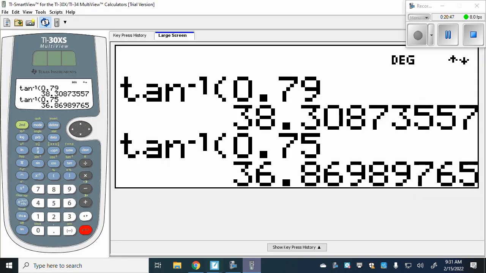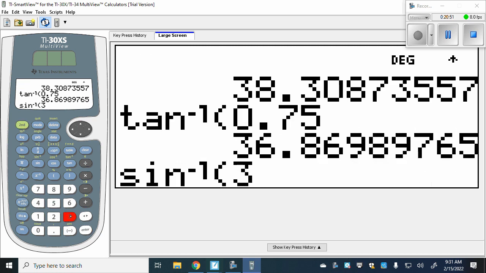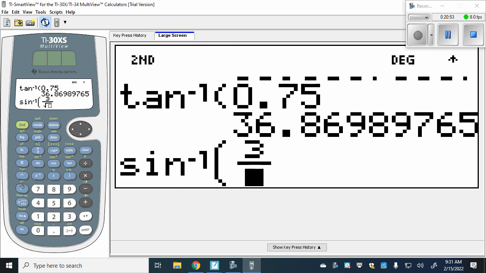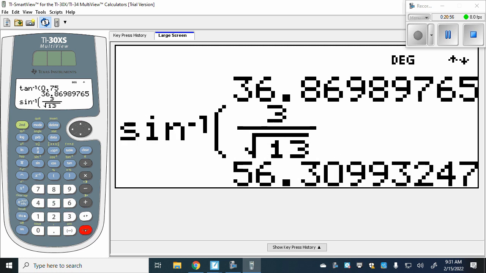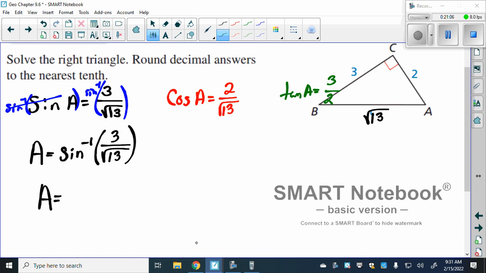And again, we can pull up the calculator and say second sine inverse of 3 over second square root of 13. Which gives us 56.3, and it goes on out, but we'll keep it to the nearest tenth, which tells us that this here is 56.3 degrees. Okay.